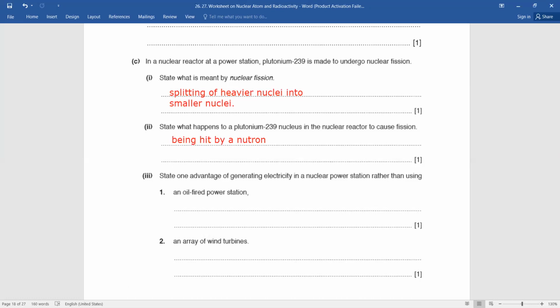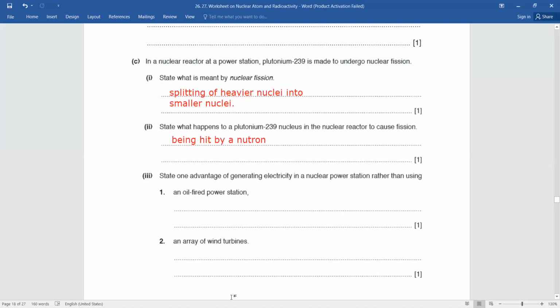Will that do? Okay. And number two is low energy is produced, meaning when wind turbines are used. The advantage, since I will write it this way: more energy is produced in a nuclear power station than in other. Wind turbines. What will be the answer for wind turbines?